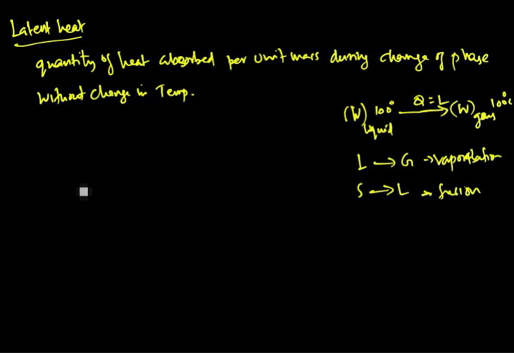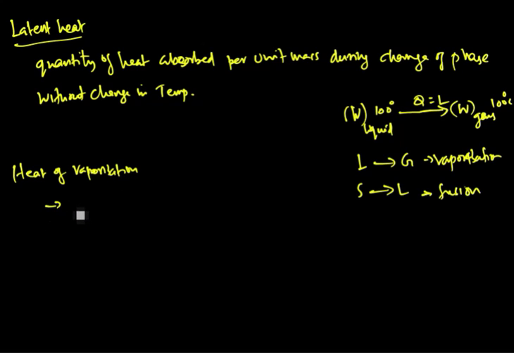So we can say that the heat of vaporization, the latent heat of vaporization, is the sum of two distinct quantities of heat.